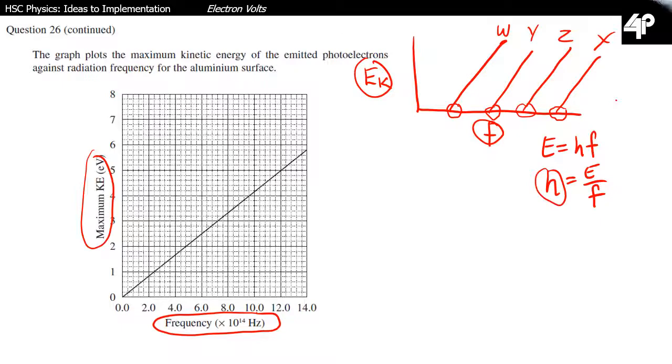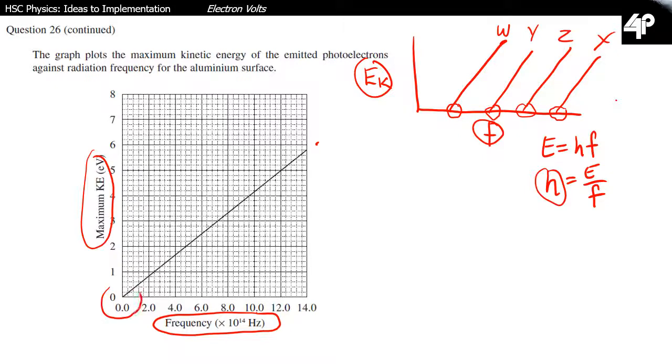Every time you see these graphs, this is why the gradient is constant for every metal, because it is the Planck constant. Now, this graph you've been given is a little different, because the kinetic energy, instead of being in joules, is in electron volts. But that doesn't matter, because every single metal would still have the same gradient as that black line that we've got going here.